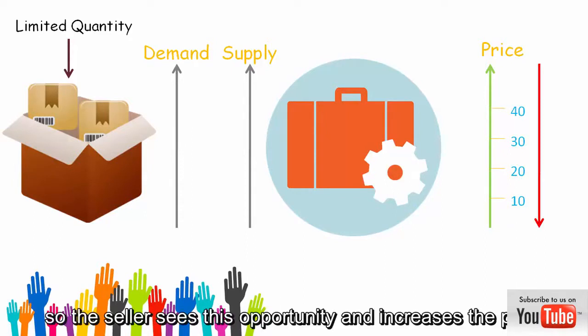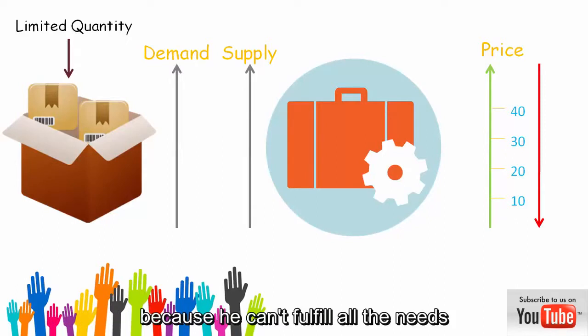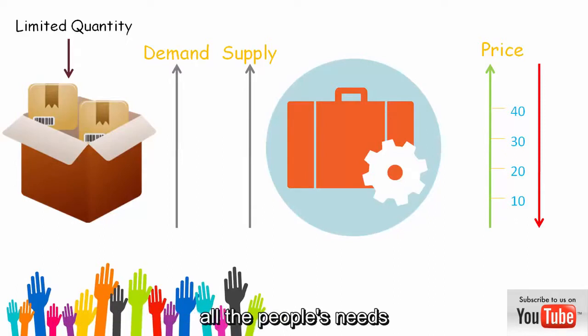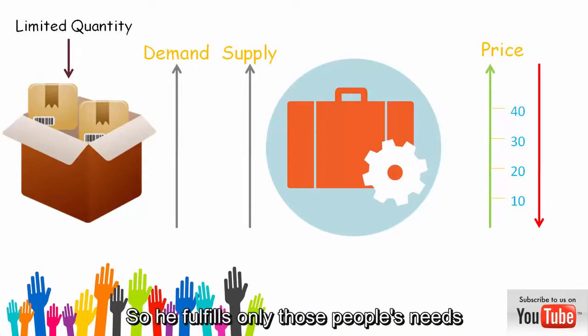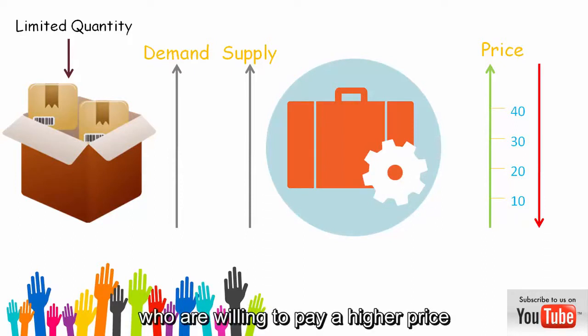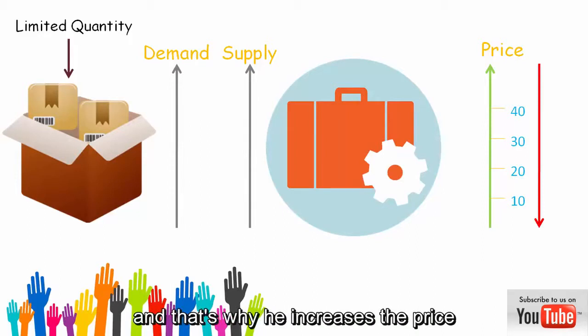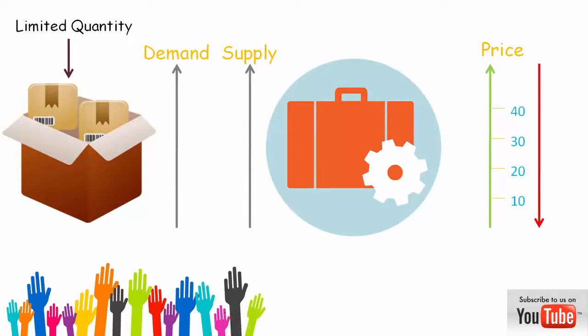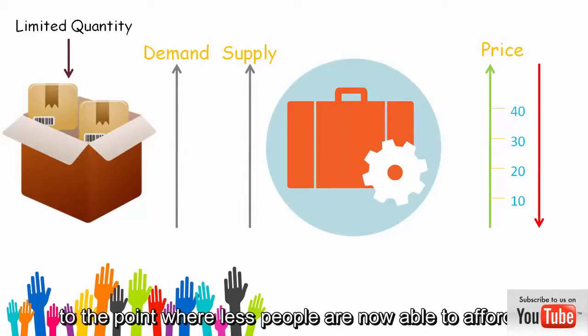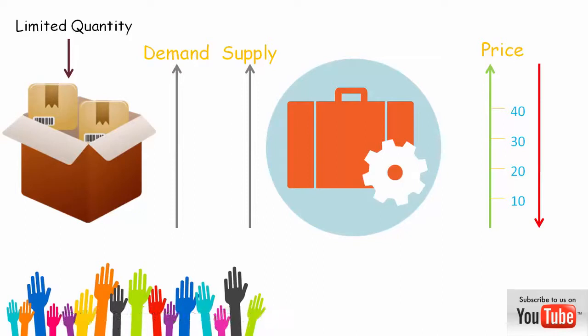So the seller sees this opportunity and increases the price because he can't fulfill all the people's needs. So he fulfills only those people's needs who are willing to pay a high price, and he increases the price to the point where fewer people are able to afford it and would be willing to buy it.